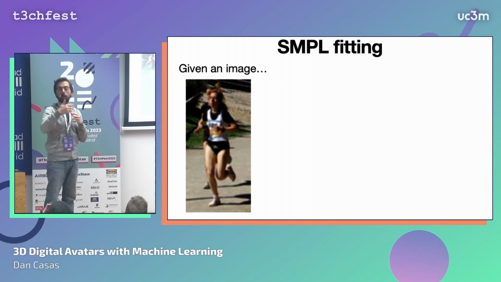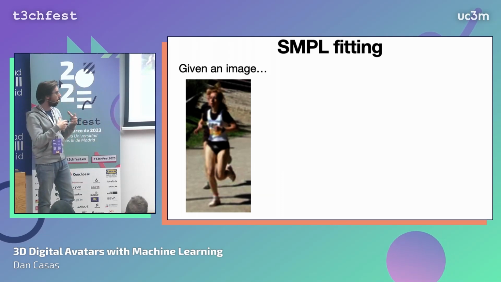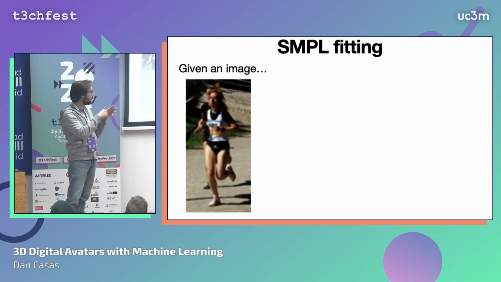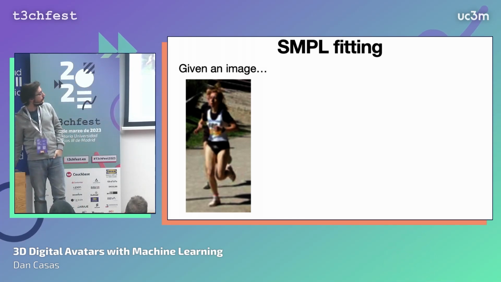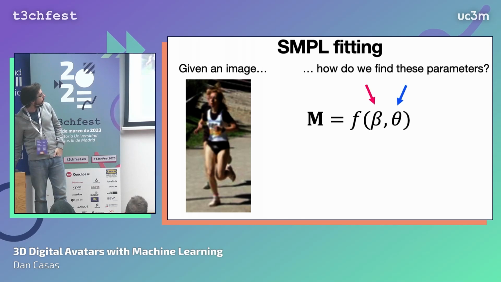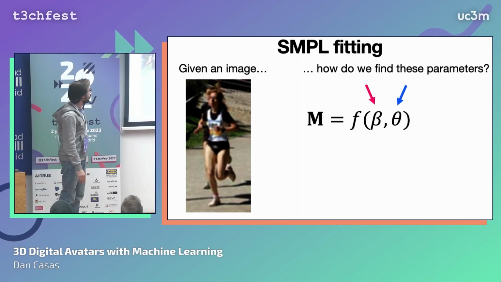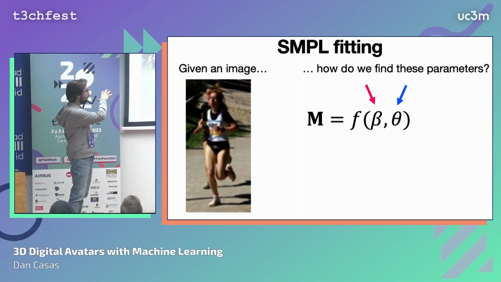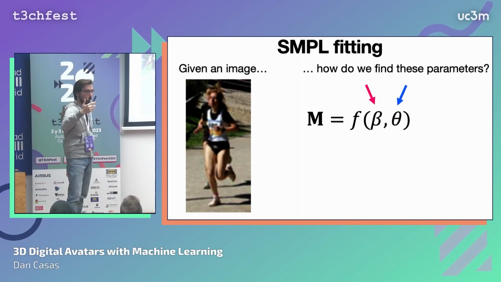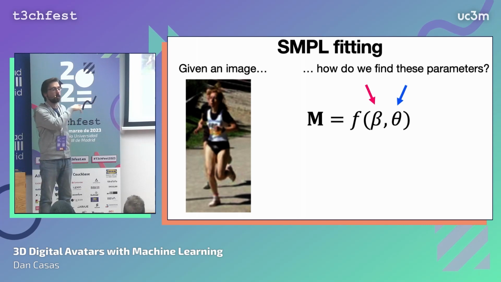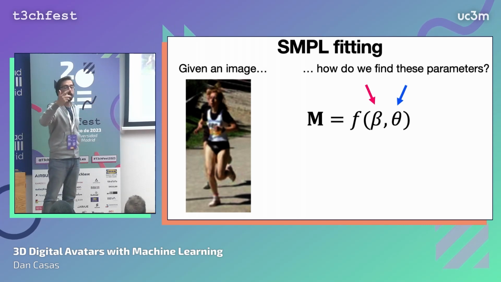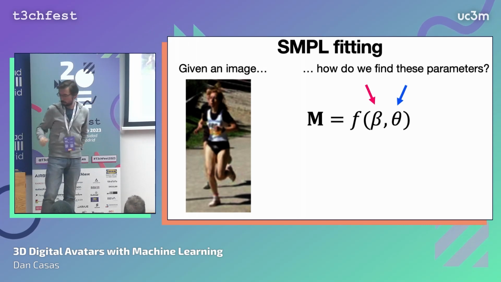If we want to play a video game where our character is the main character, we need those parameters. So the question is: given an image, it could even be a selfie that you take with your cell phone, how do I find my beta and theta parameters? How do I find the 10 values that represent this image?